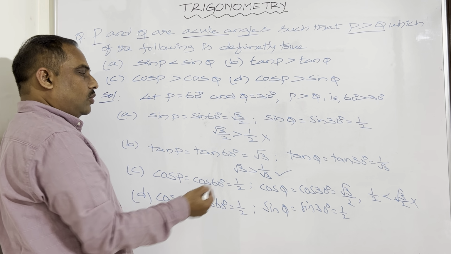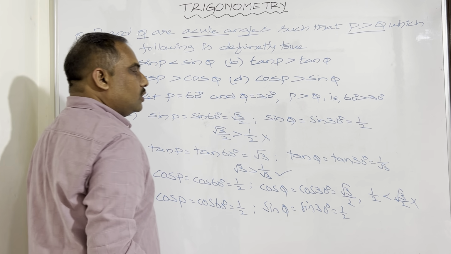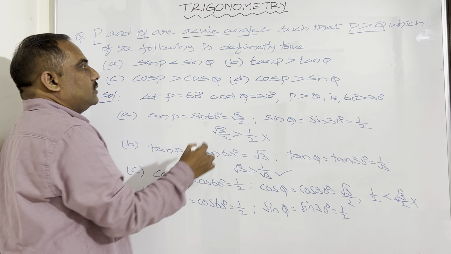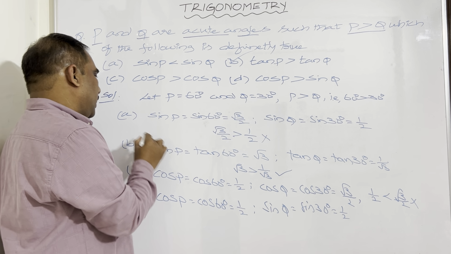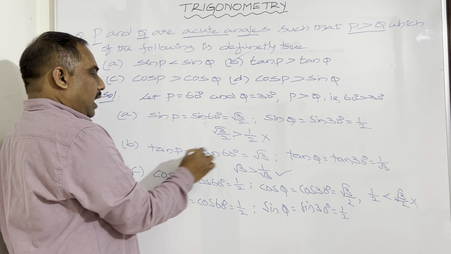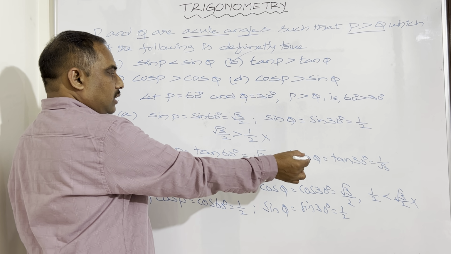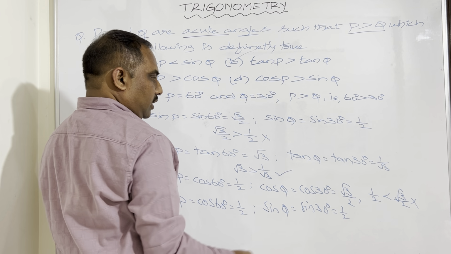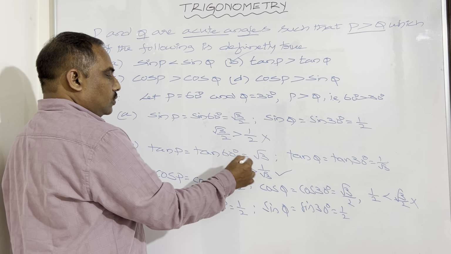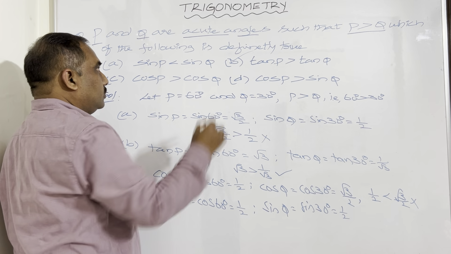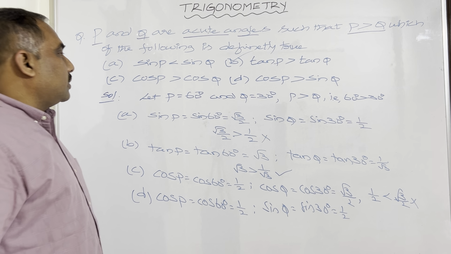Here both are the same, 1 by 2 and 1 by 2. So out of the four options, option B is satisfying here. Tan P is tan 60, that is root 3. Tan Q is tan 30, that is 1 by root 3. So root 3 is greater than 1 by root 3. So option B is correct.